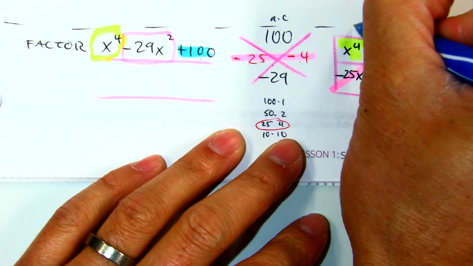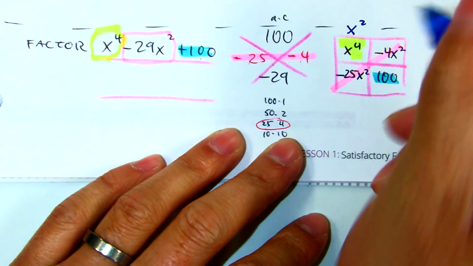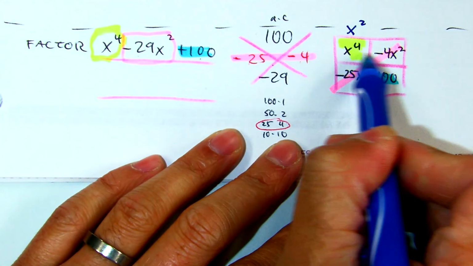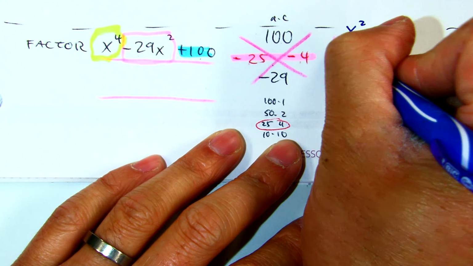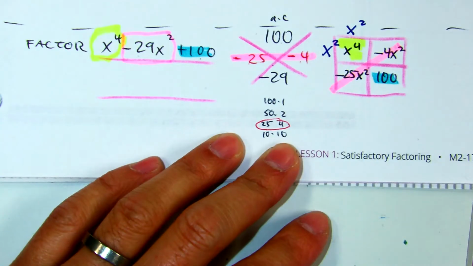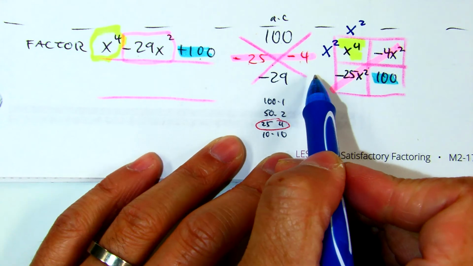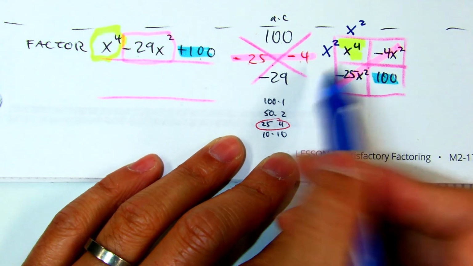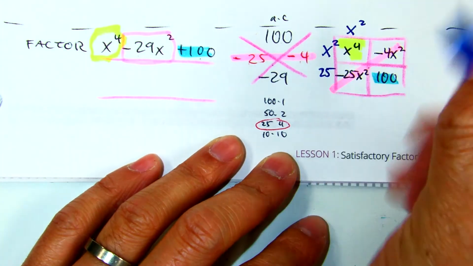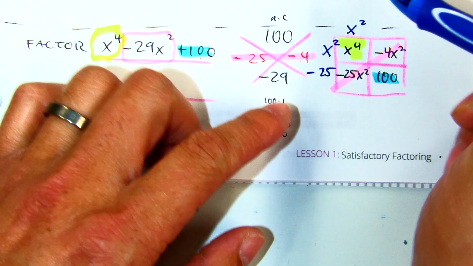X squared. Good. Greatest common factor this way? X squared. How about this direction? Positive or negative 25? Negative, right? Because we'll multiply to check our answer.